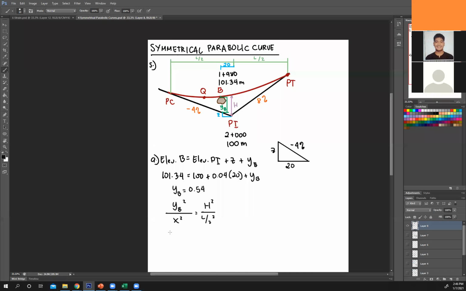So YB, I already know it's 0.54. Now I need to know what's x squared. What's x? X is the horizontal offset from PC to PT, whichever is the closest. So point B is closer to PC, so it's this length right here.